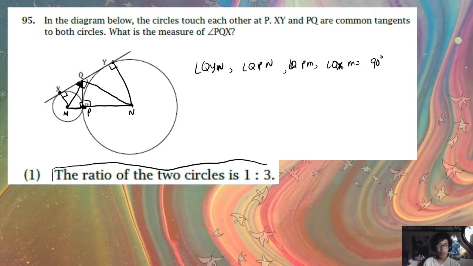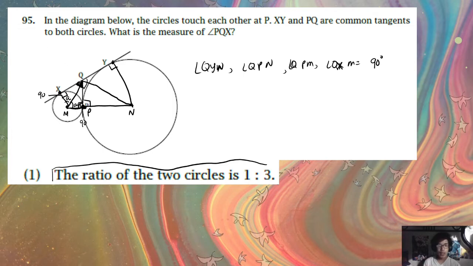Now to solve for this problem, we can denote a value, let's say small letter A. If this is A, and we know that this is the radius of the circle, and both of these angles are 90 degrees, then this should also be A. So we have A and then A here.